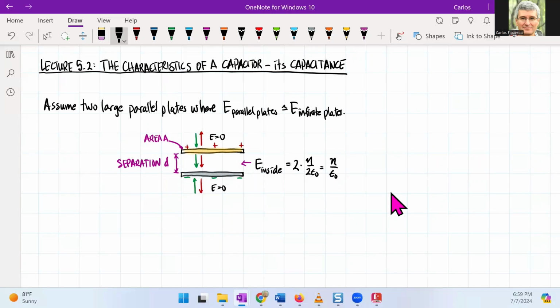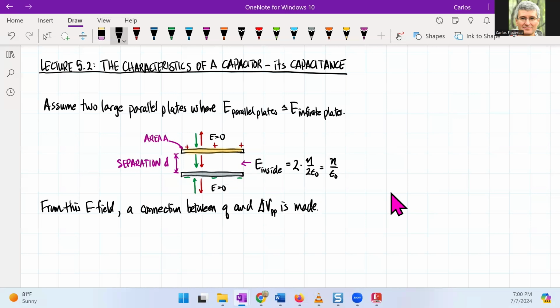So from the electric field, we can make the connection between the charge and the potential. From this E field, a connection between the charge on the plates and the voltage of these parallel plates is made.